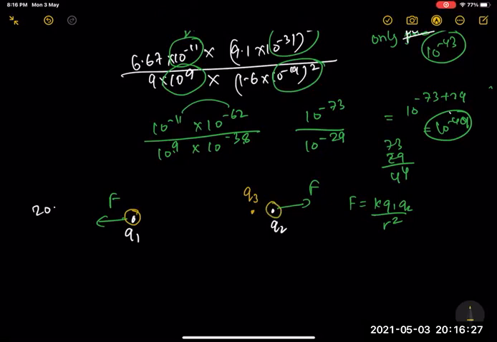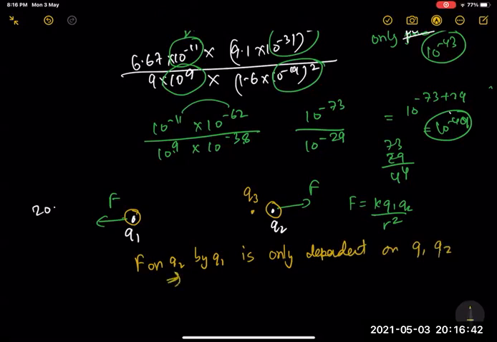The force on Q2 by Q1 is only dependent on Q1 and Q2. It is independent of any other charge. So therefore, it won't change, and therefore the answer is 1.